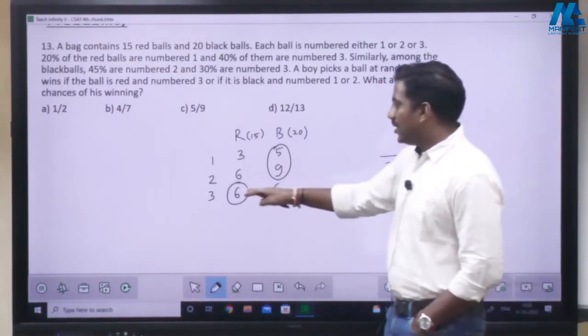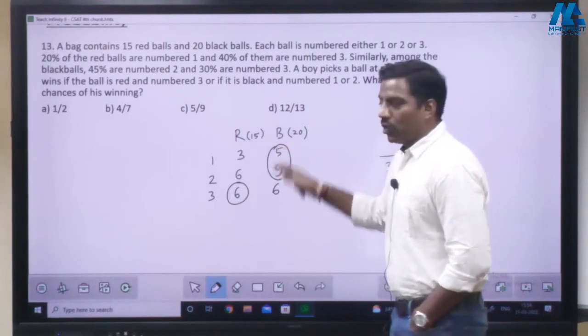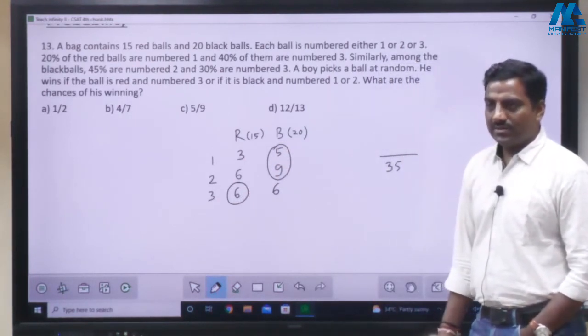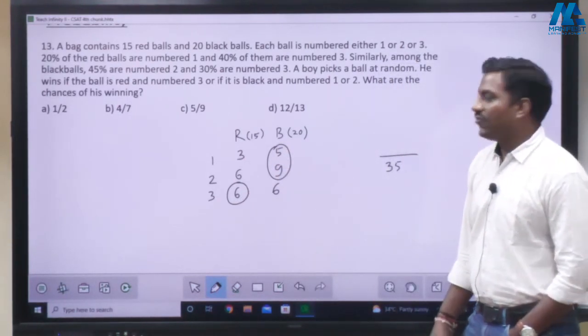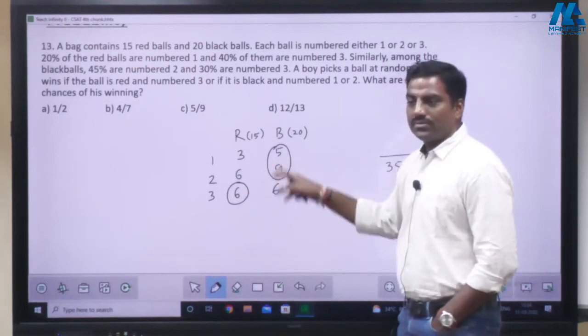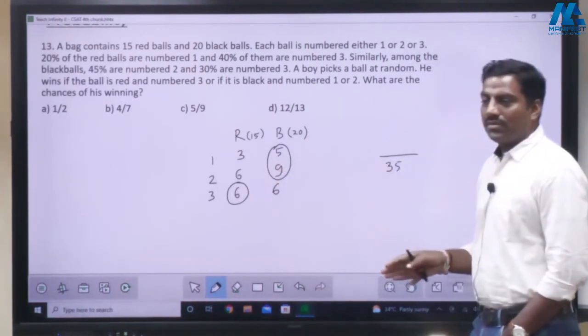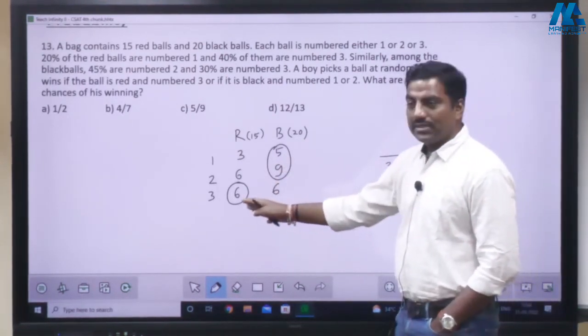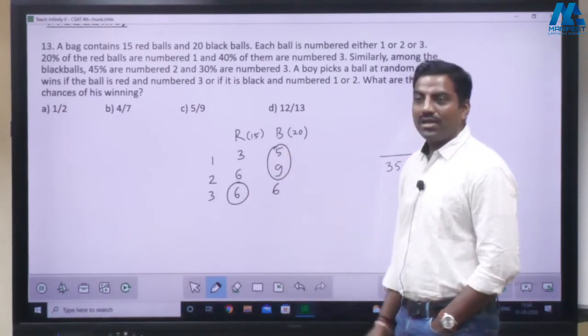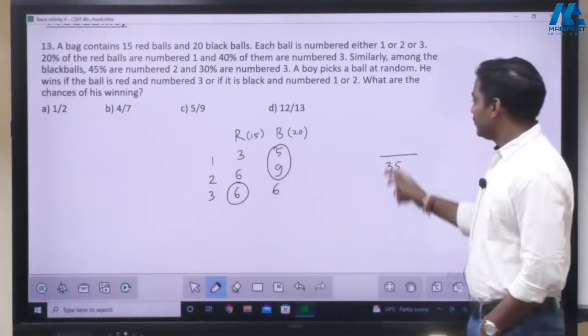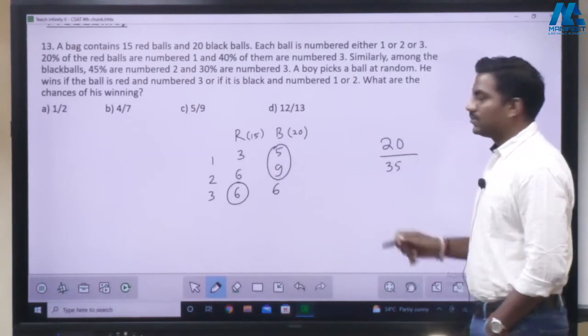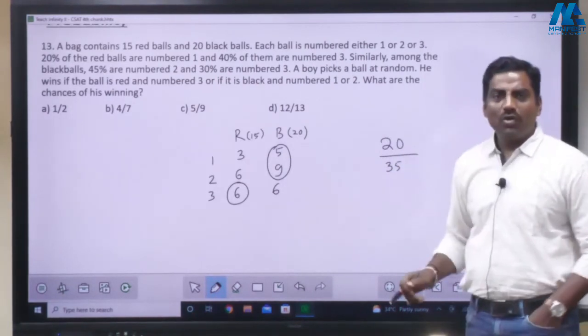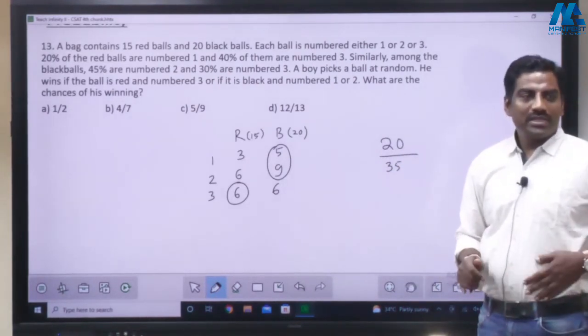If he picks up either this ball or these balls, he wins. So what is the probability of getting this out of 35? 6 plus these 14. How much?